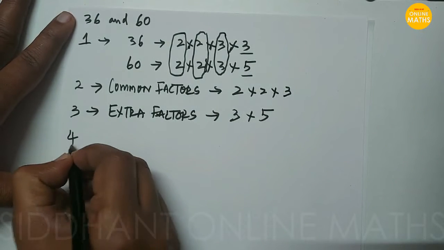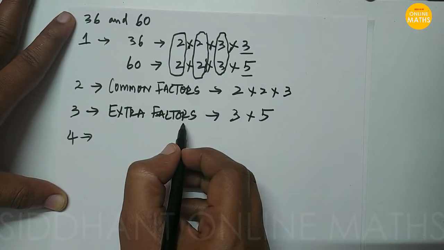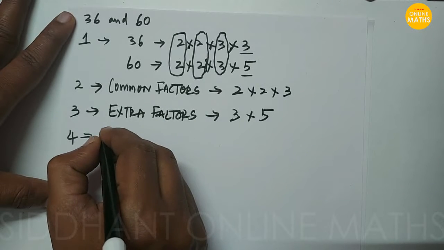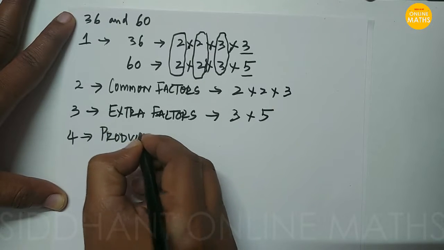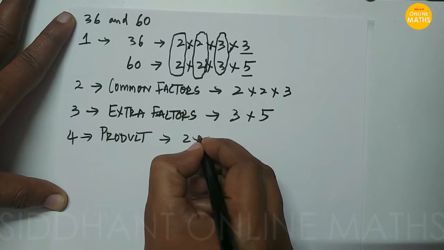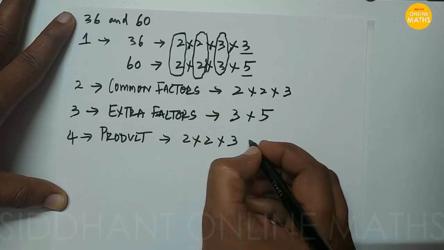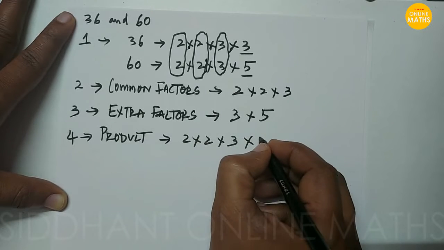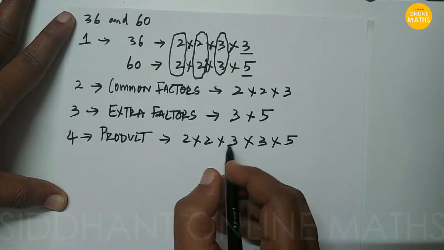In the fourth step we take the product of both the common factors and the extra factors. The common factors are 2 into 2 into 3, and the extra factors are 3 into 5.